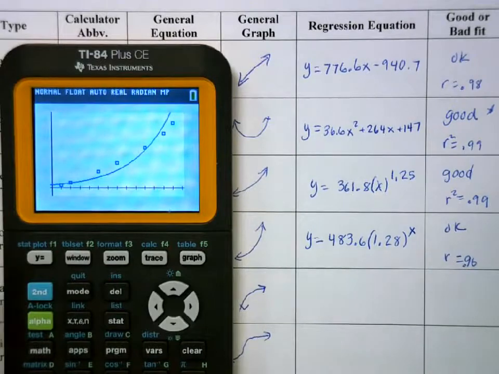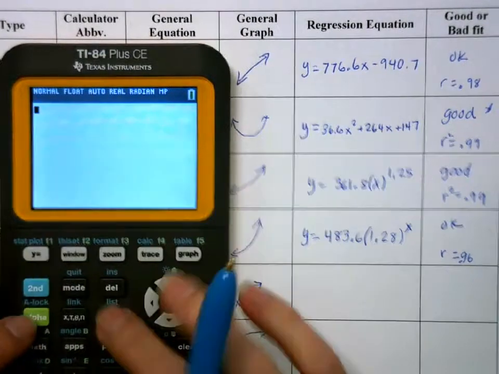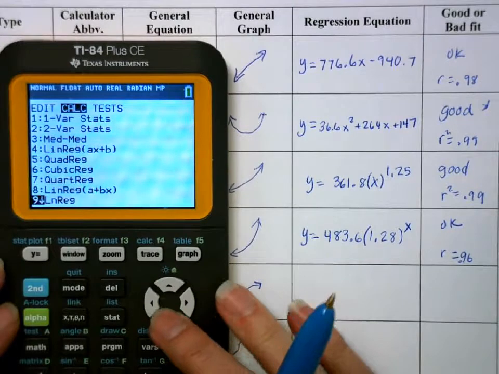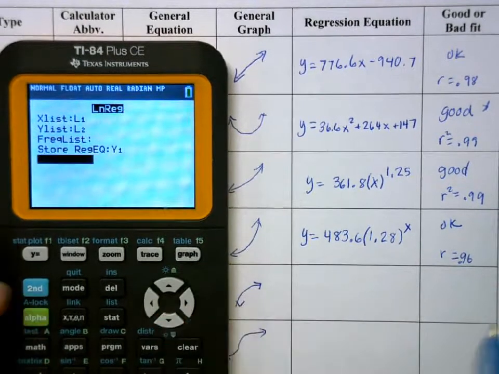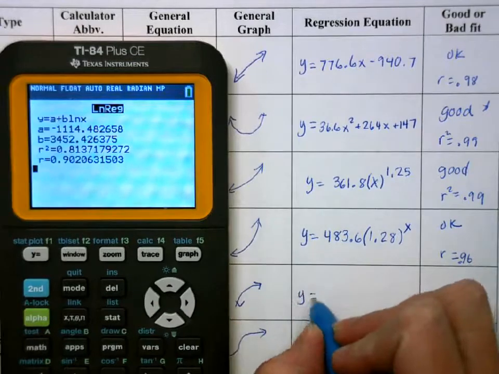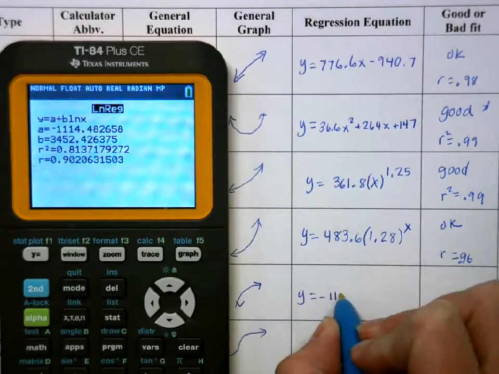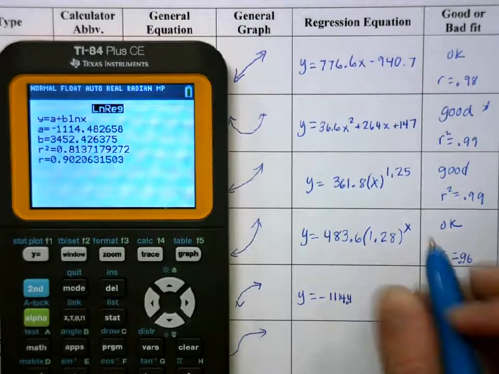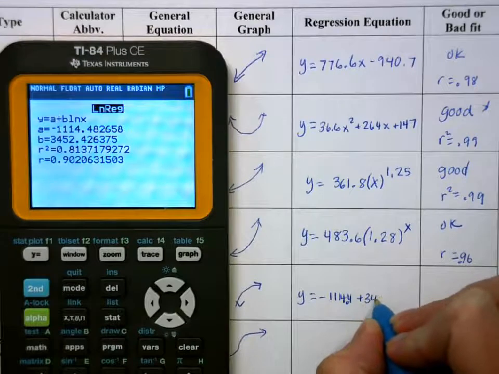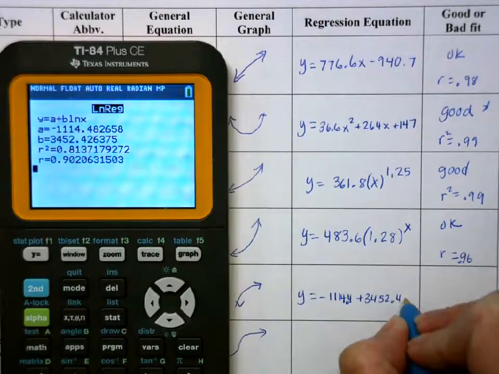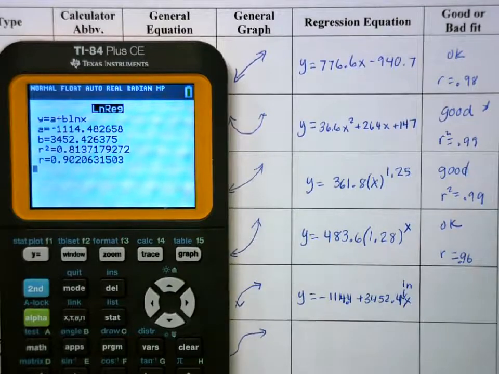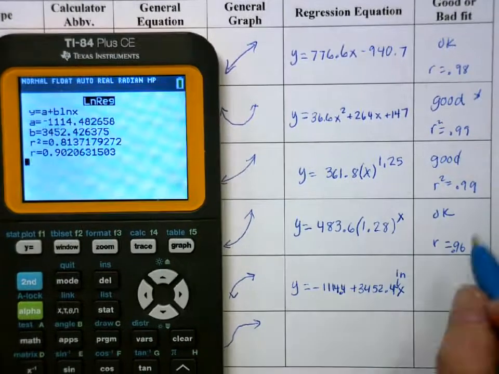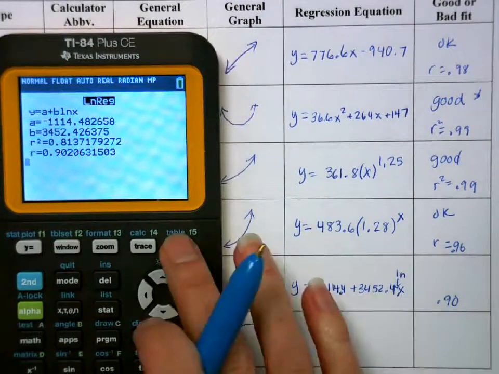Stat, calculate, let's do a log regression. LNX. Okay, so the correlation's 0.90, which isn't as good. If we go to graph, yeah, not good.